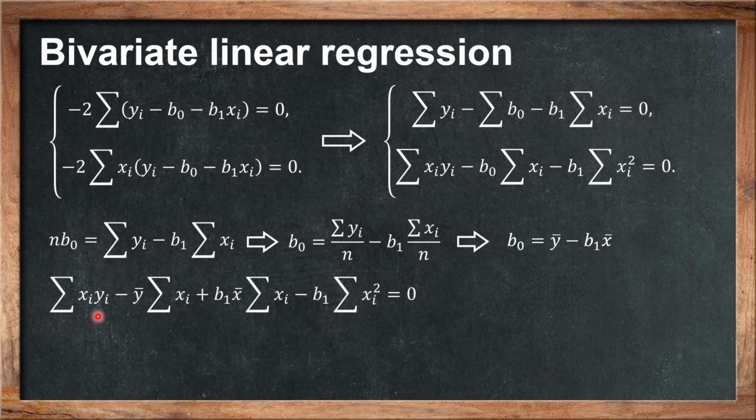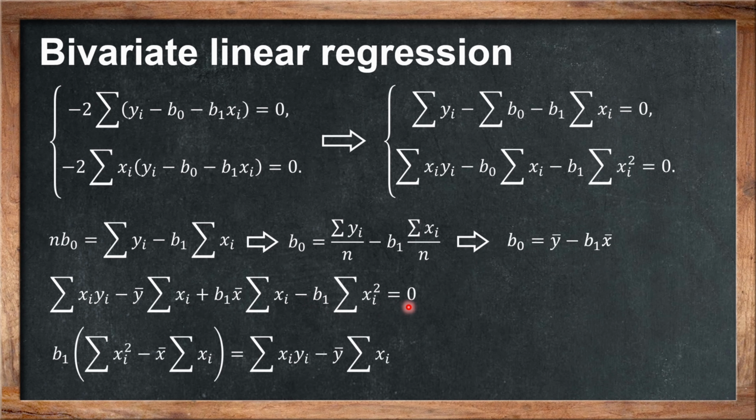Sum x sub i y sub i minus y average times sum x sub i plus B1 x average sum x sub i minus B1 sum x sub i squared. Everything equals 0.